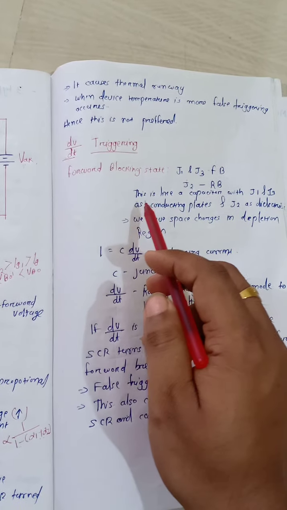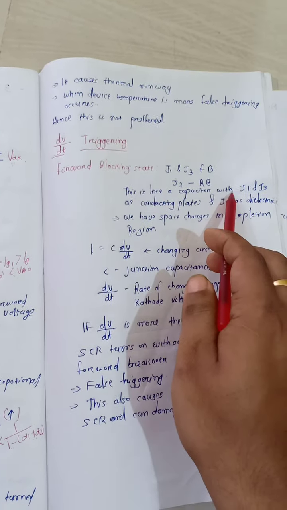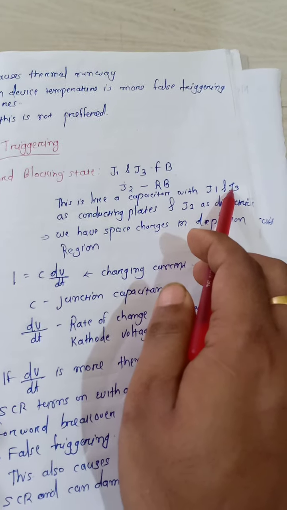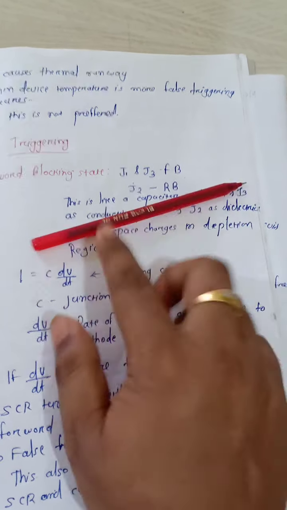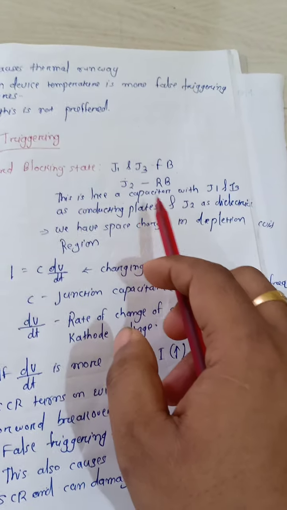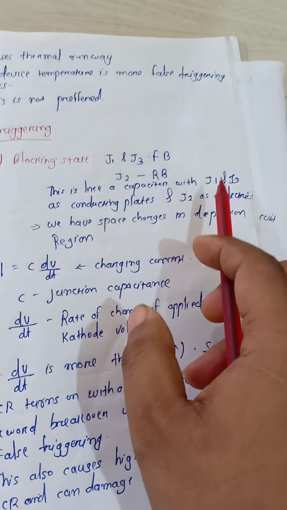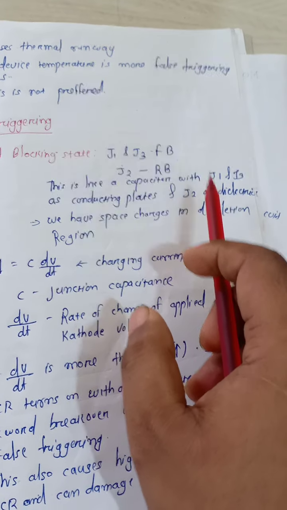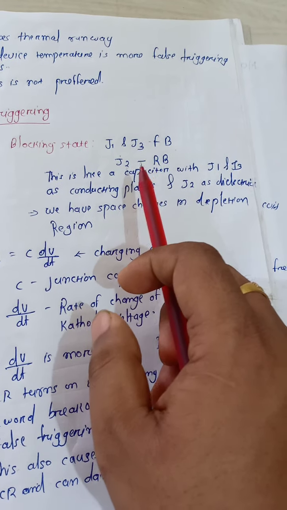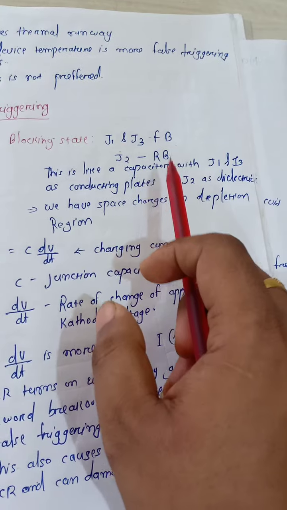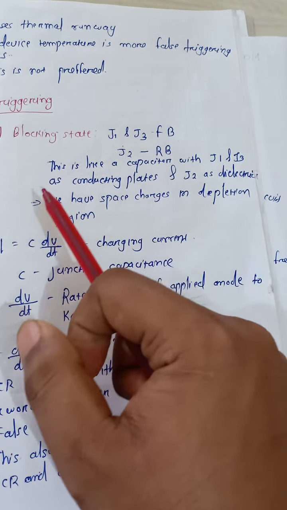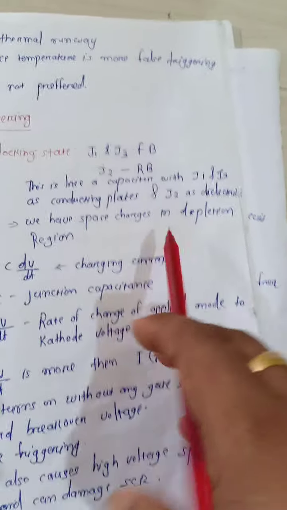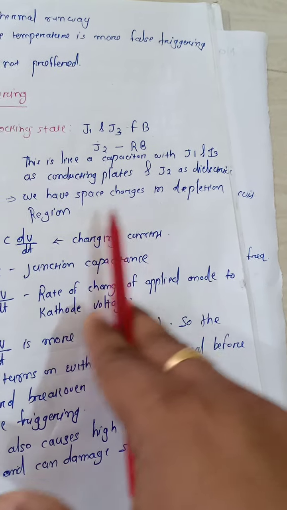So this is like a capacitor with J1 and J3 junctions acting as conducting plates, and J2, as this is reverse biased, will act as a dielectric medium. As J2 junction has a depletion layer, we have space charges in the depletion region.